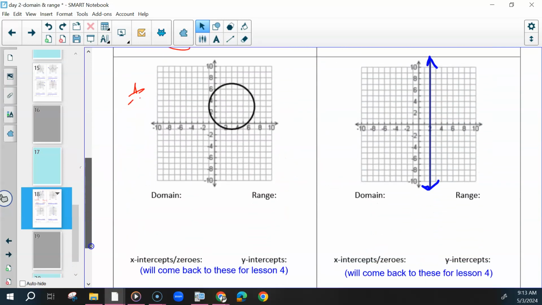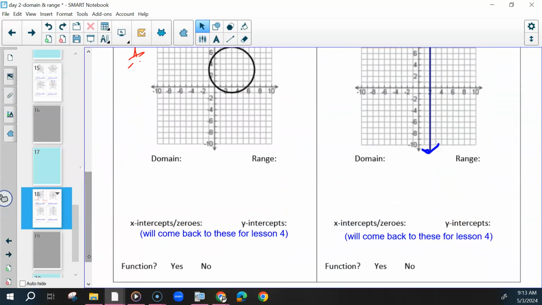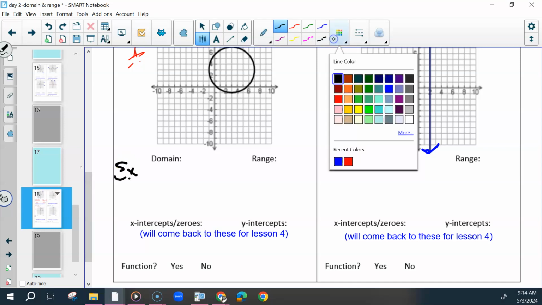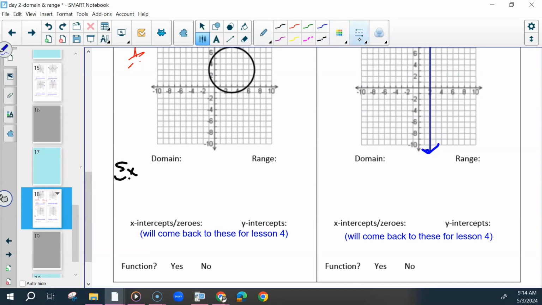Right. For the circle, what would the domain there be? It is -1 to 7. How would I write that?